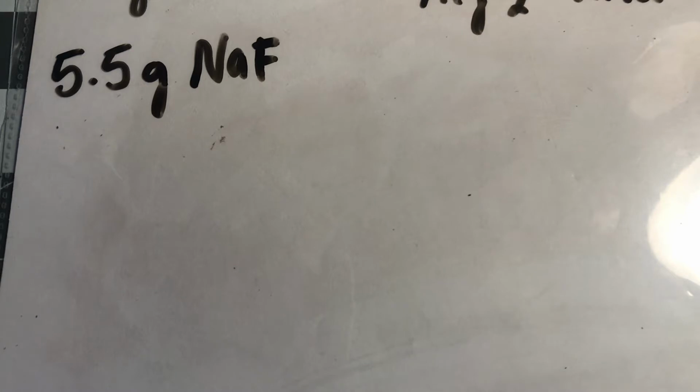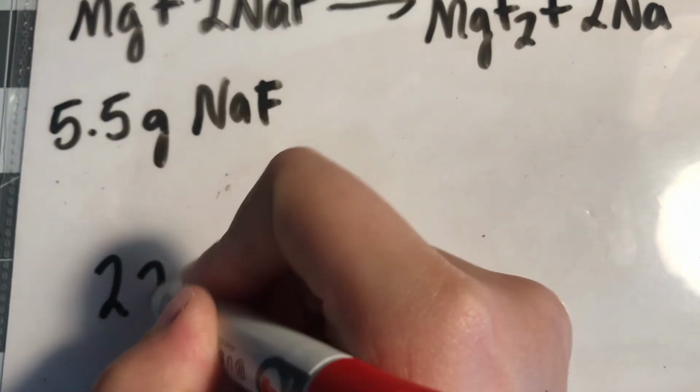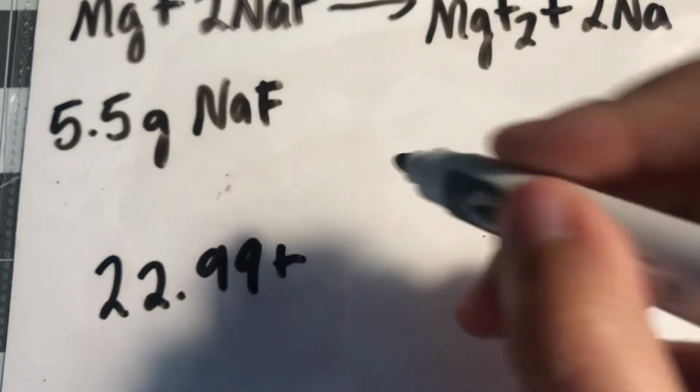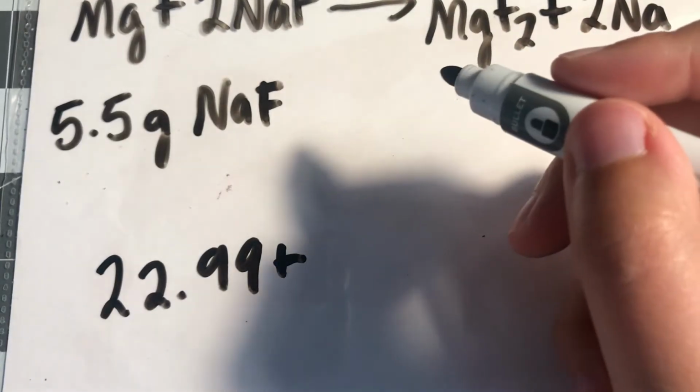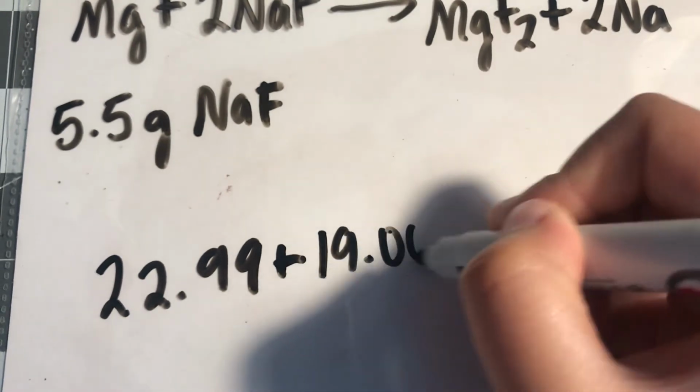So the first part that we're gonna do is look specifically at the molar mass for sodium fluoride, okay? So I'm gonna go to my handy dandy periodic table, and it tells me that sodium is 22.99 grams per mole, and then fluorine will be rounded to 19, okay?